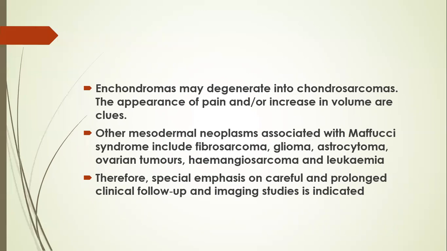Other mesodermal neoplasms that are associated with Maffucci syndrome include fibrosarcoma, glioma, astrocytoma, ovarian tumors, hemangiosarcoma, and leukemia. Therefore, special emphasis on careful and prolonged clinical follow-up and imaging studies is indicated.